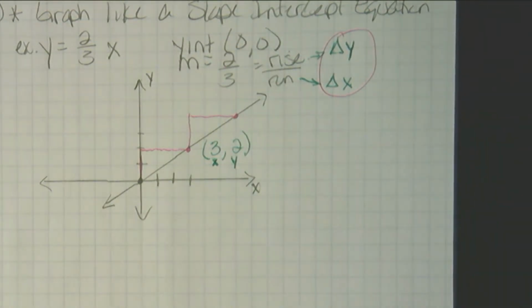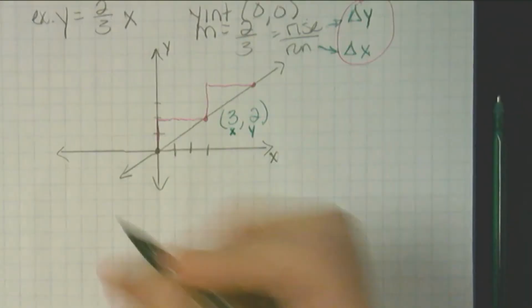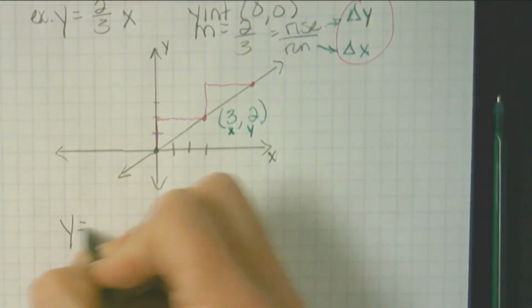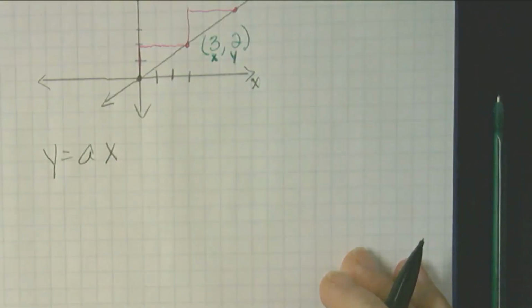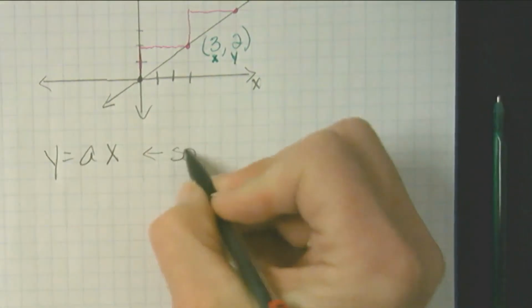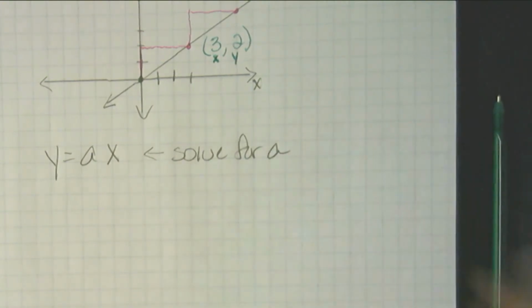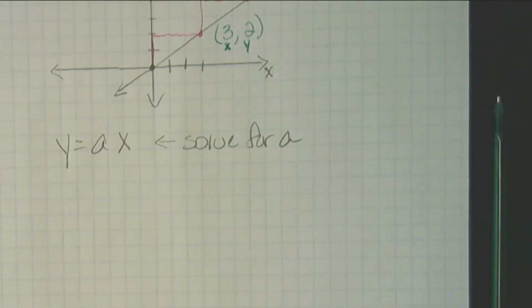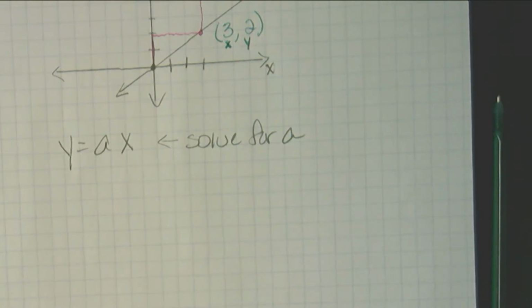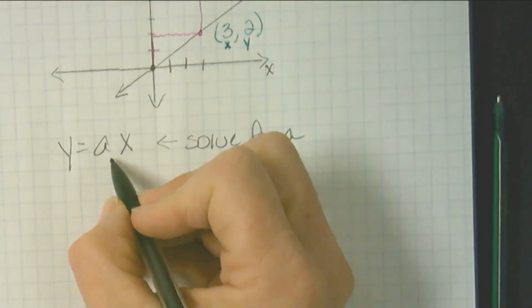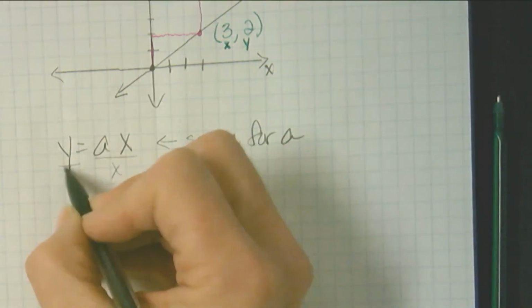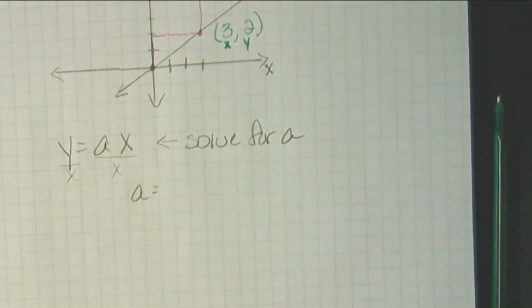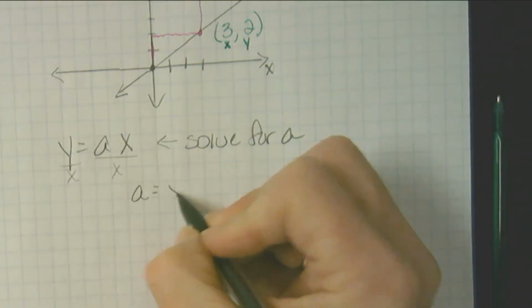All right, there's a reason for that. I want you guys to take your equation, y equals ax, and I want you to solve this for a. What do you guys get? So I'm going to divide both sides by x. What do you get your a is equal to? Natalie? Y over x.